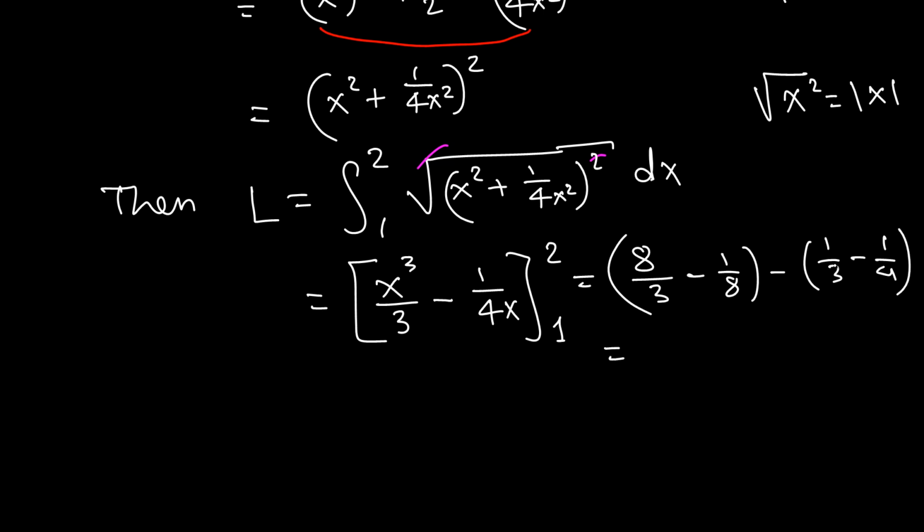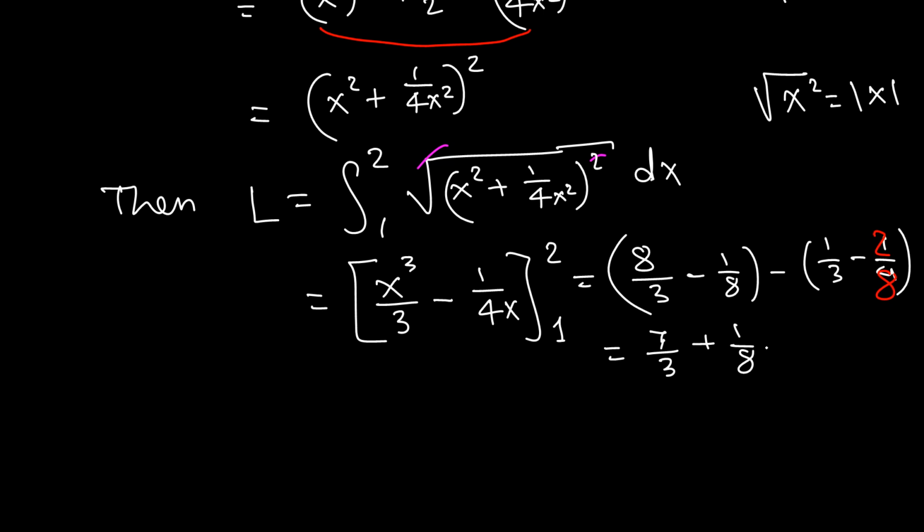This negative should be distributed. So 8/3 minus 1/3 is 7/3, then negative 1/8, and negative negative gives positive 1/4. This positive 1/4 is the same as 2/8, so negative 1/8 plus 2/8 is positive 1/8.